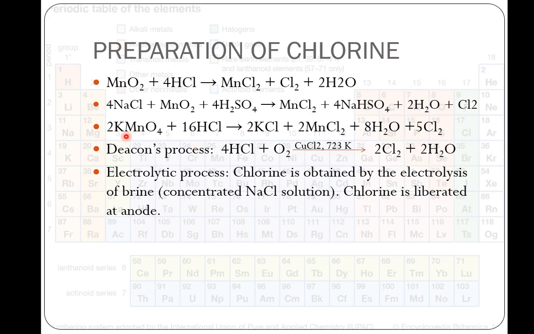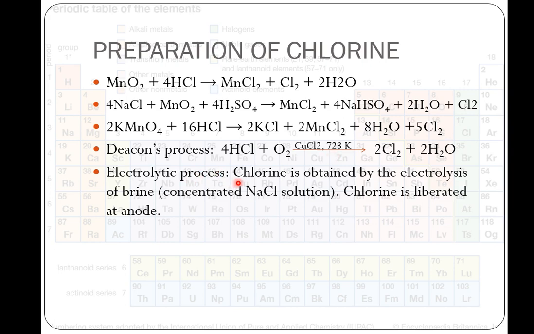It can also be prepared by the action of HCl on potassium permanganate. It can also be prepared by Deacon's process. It is oxidation of HCl by atmospheric oxygen in the presence of copper chloride at 723 Kelvin.